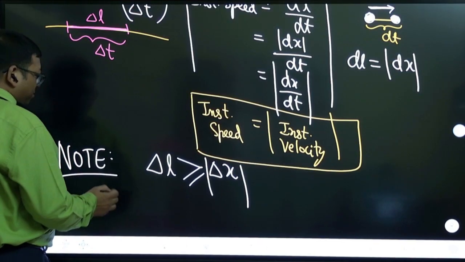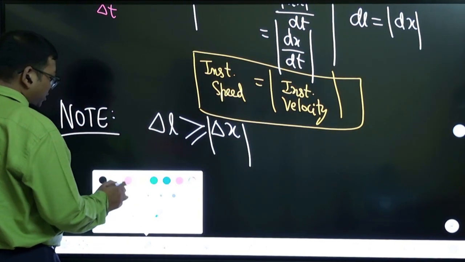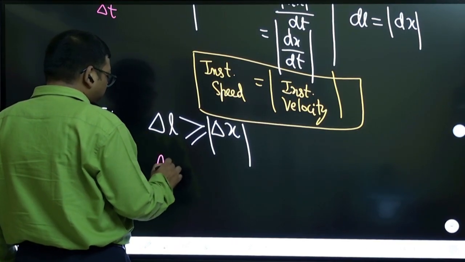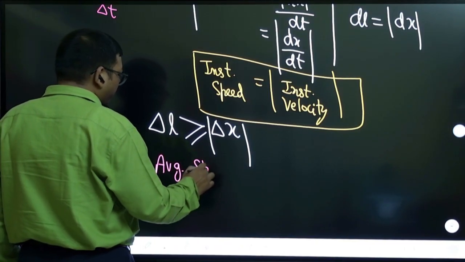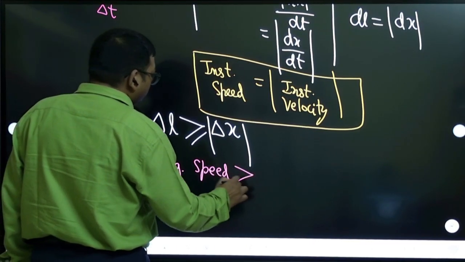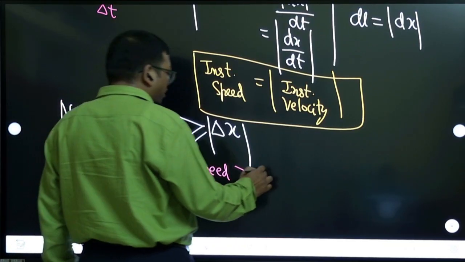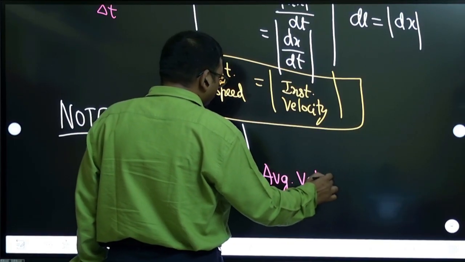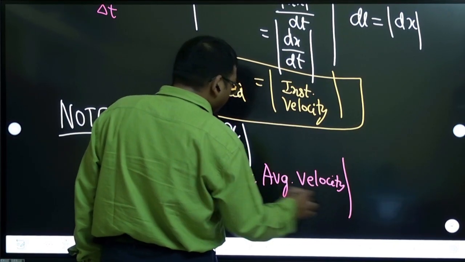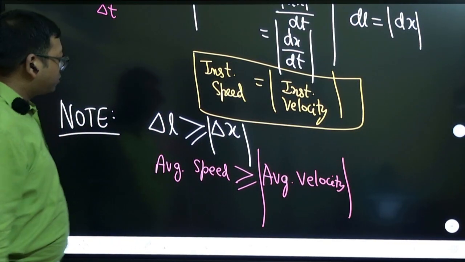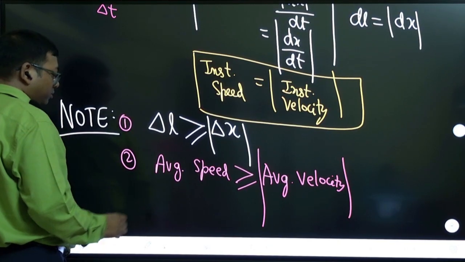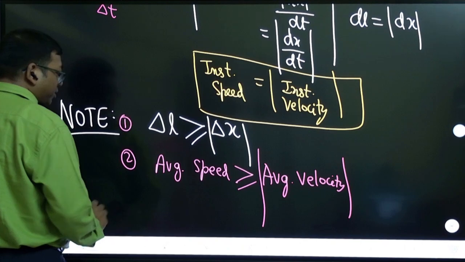Another thing is that, because of that, if you take average, average means you divide by time. So average speed is going to be greater than or equal to the magnitude of average velocity.